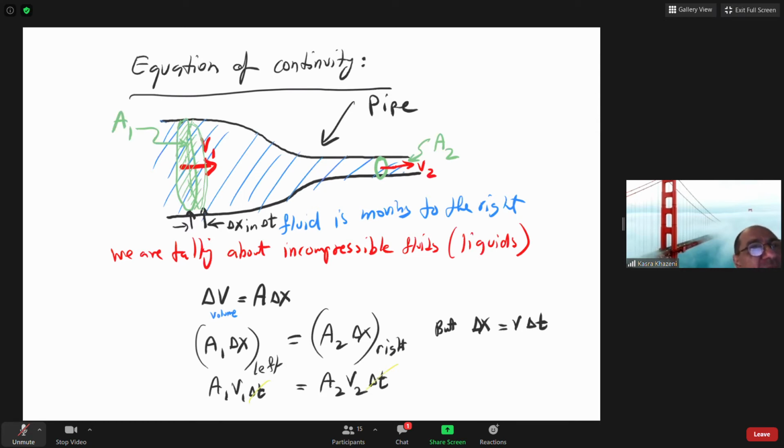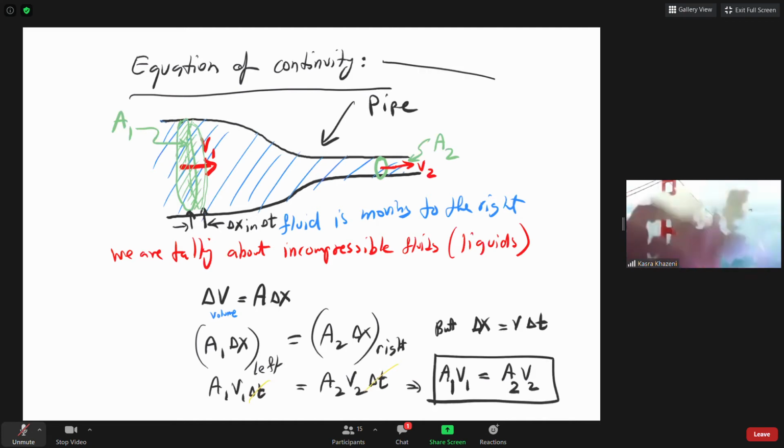And then I have the continuity equation, which says the cross-section area on the input times the velocity on the input is equal to the same multiplication of two terms on the output. So this is the continuity equation.